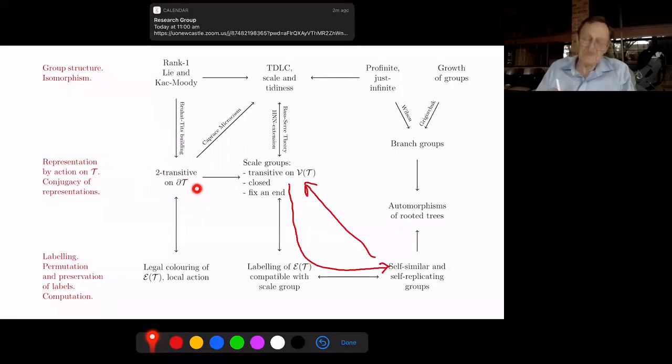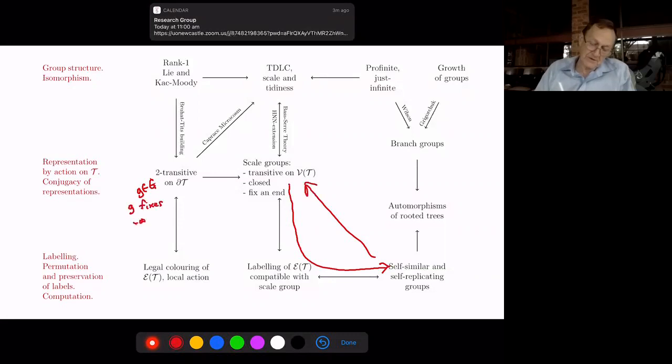If we have a group acting 2-transitively on the tree, then if we take some alpha in our group, well, I'll call it G now. Take some group element, then G fixes two ends.